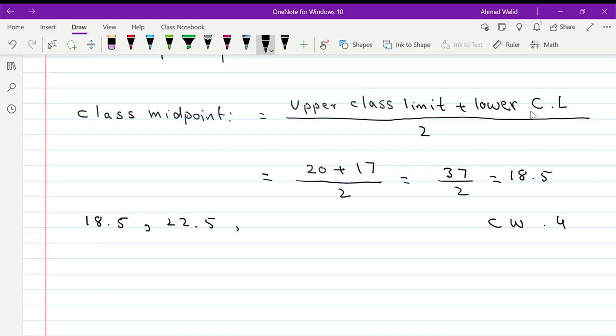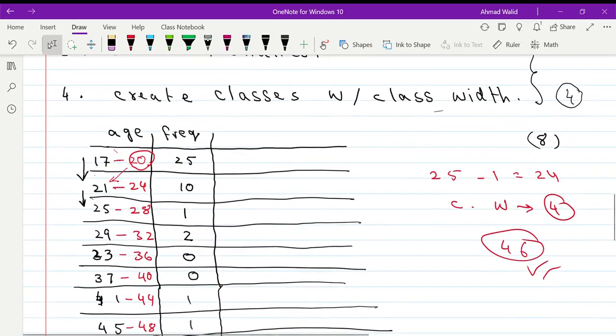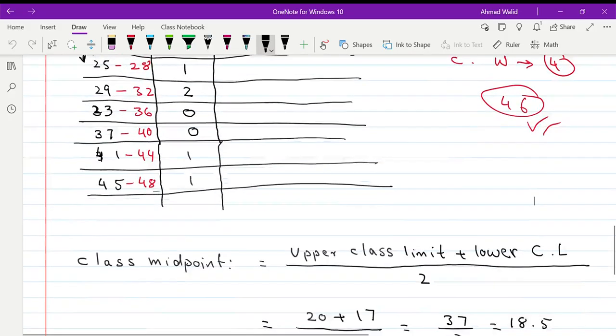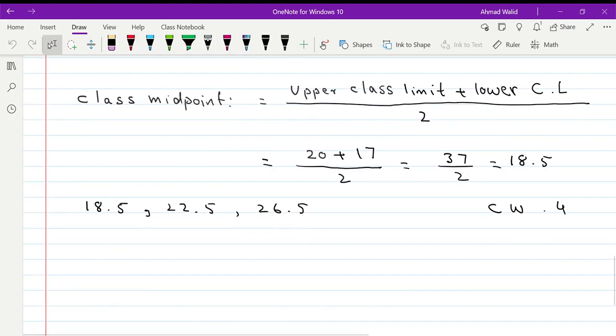To find the next one, it's 26.5. Because the class width from 17 to 21 is 4, and in the upper class from 20 to 24 the difference is 4, the difference between the midpoints is also always 4. That's how you find the midpoint of a class.